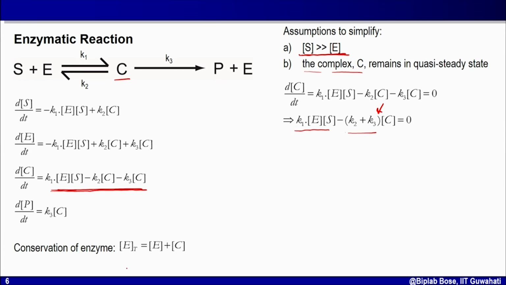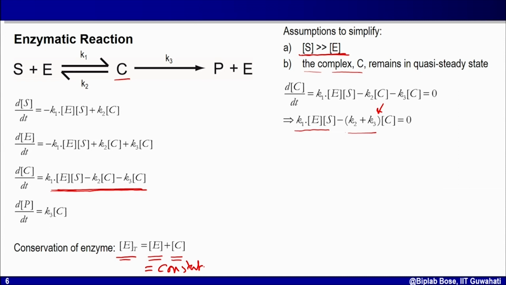Obviously the total enzyme is conserved here because there is no production or degradation of enzyme. So I can consider that the total enzyme ET remains conserved with time, and that is equal to free enzyme plus enzyme in the complex. If I consider 1:1 stoichiometry, then the concentration of the complex is equivalent to the concentration of the enzyme sequestered in it, and I consider this whole thing as constant.